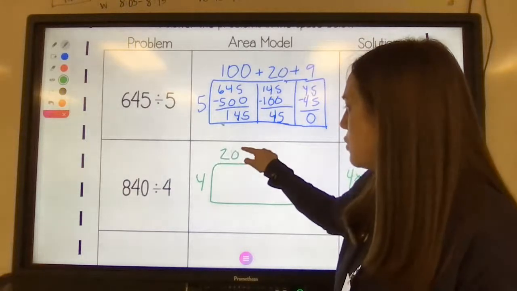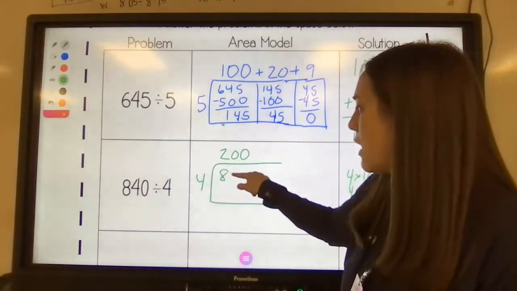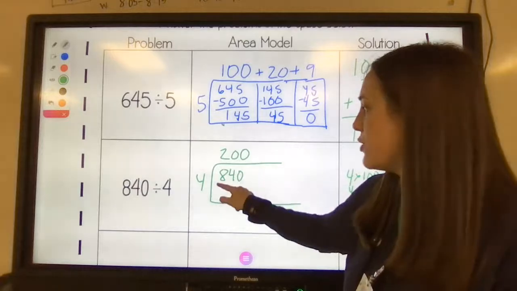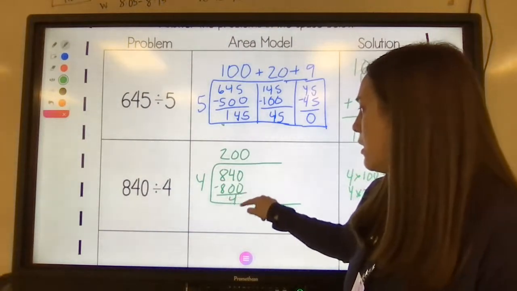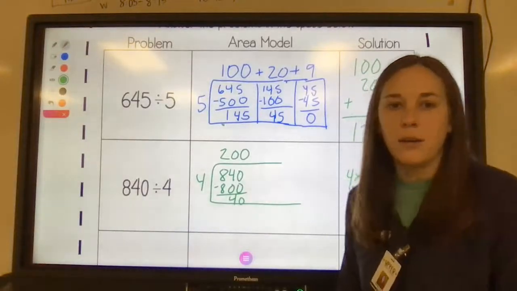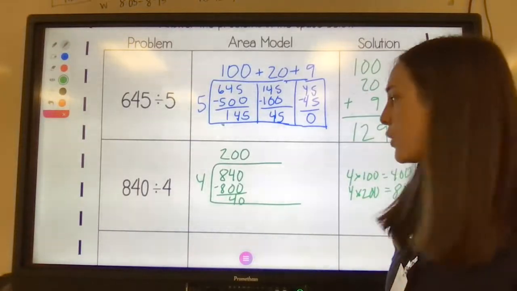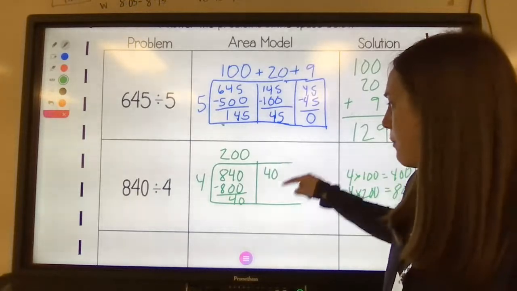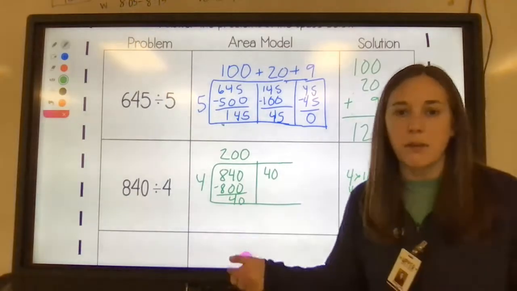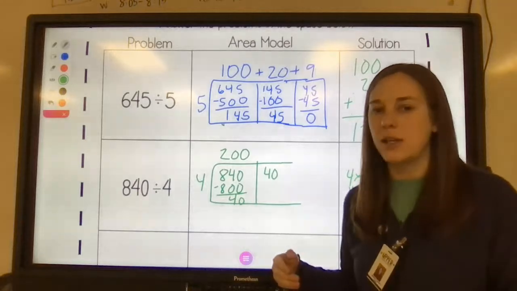So again, I started with 840. 4 times 200 is 800, so I'm going to take that away, and I'm left with 40. I've only got 40 left, so I'm going to move it over to this next section and ask myself the same thing. 4 times what is going to get me as close as I can get to 40 without going over?